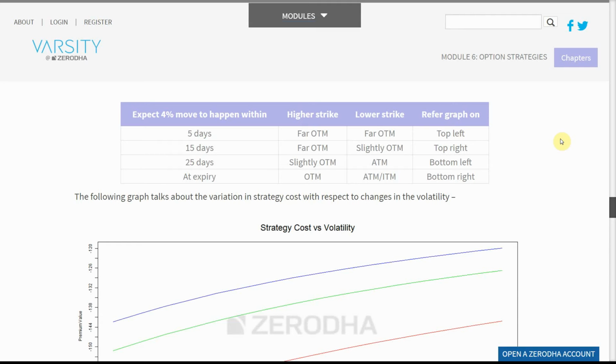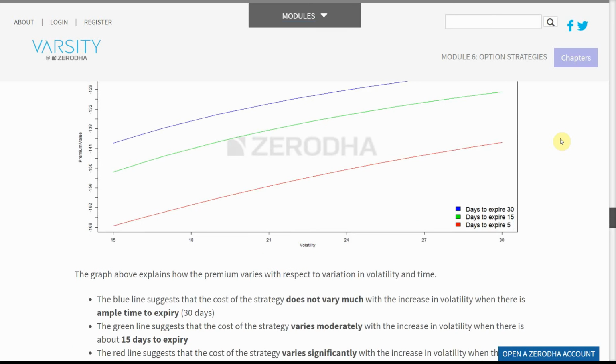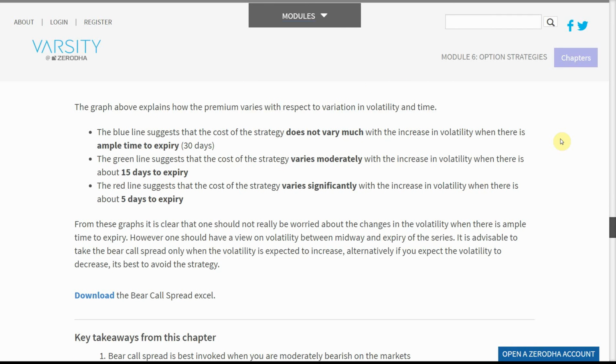The following graph talks about the variation in strategy cost with respect to changes in the volatility. The graph above explains how the premium varies with respect to variation in volatility and time. The blue line suggests that the cost of the strategy does not vary much with the increase in volatility when there is ample time to expiry, 30 days.